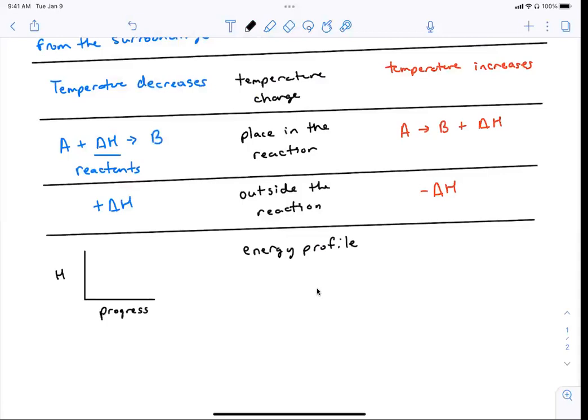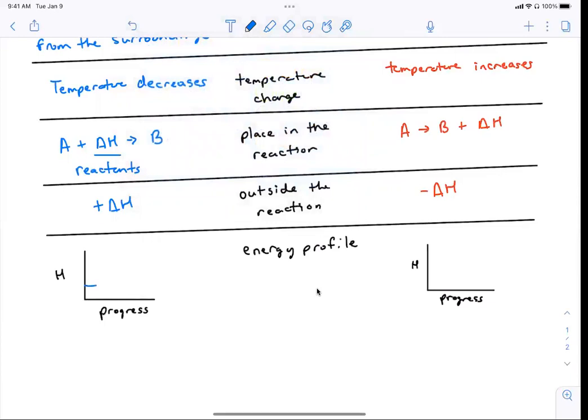So don't think of this as a graph that you read the numbers off of, going from left to right. It's just two values that you care about. And on both of them, you have that same thing: H and progress. For an endothermic reaction, like we said earlier, the reactants have less energy than the products.